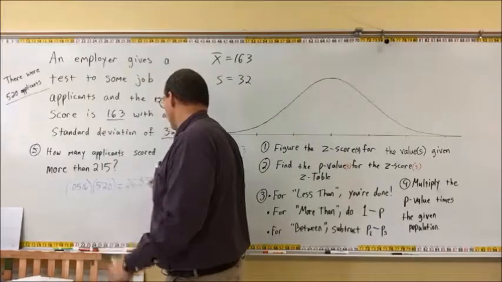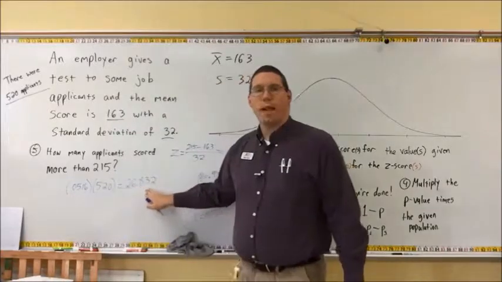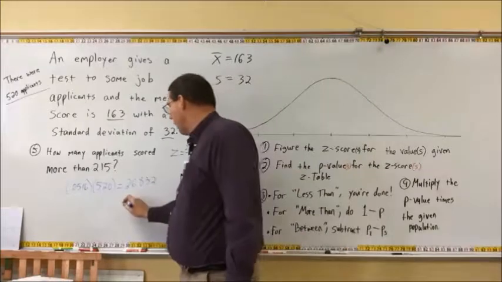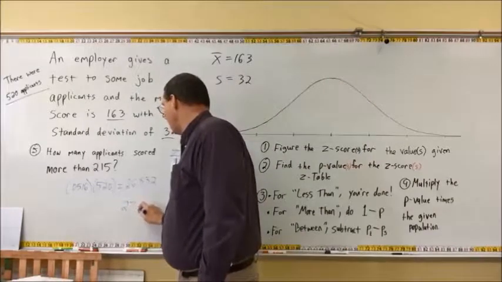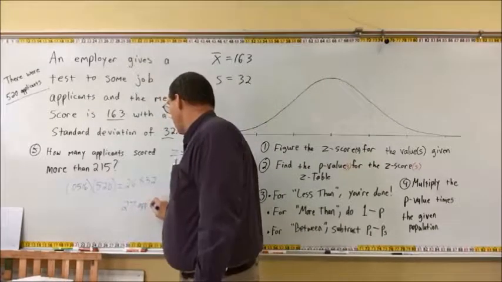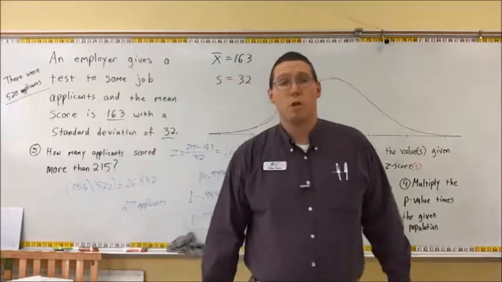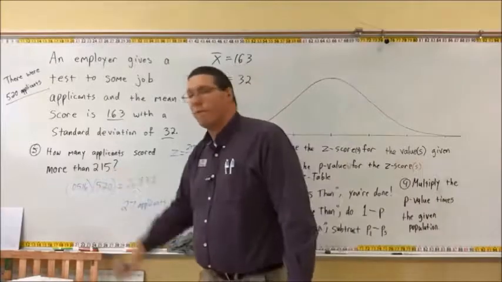Now, that's not our answer, because there's no such thing as 0.832 people. We have to round this to the nearest whole number. So it's going to be rounded up to 27 applicants. So this is what we're saying, that approximately 27 applicants scored more than 215 on the test.